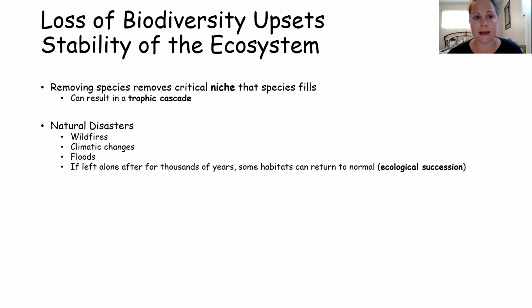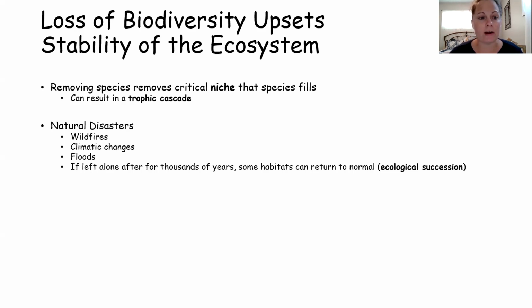What can also upset stability in an ecosystem and lead to the decrease of biodiversity are things like natural disasters. Wildfires, climate changes, floods, all of these can destroy habitats and thus lose biodiversity in an ecosystem. If left alone after the natural disaster for thousands of years, sometimes habitats can return to normal, and that's called ecological succession.